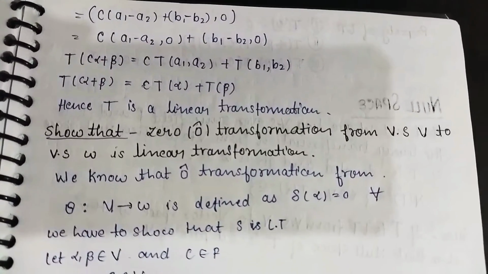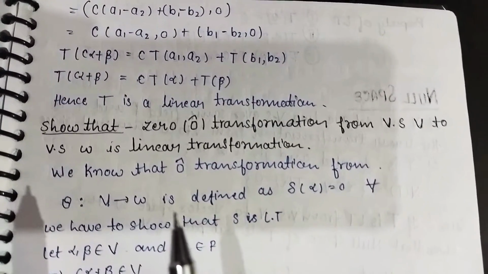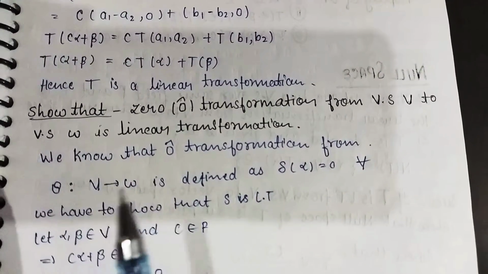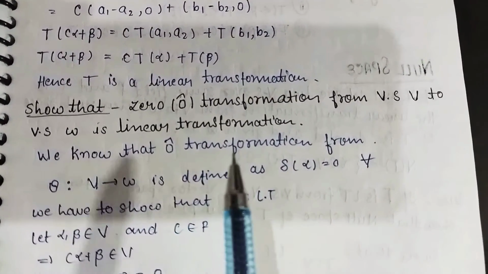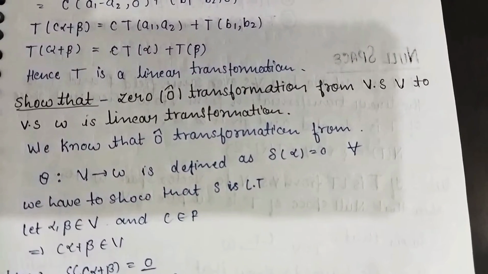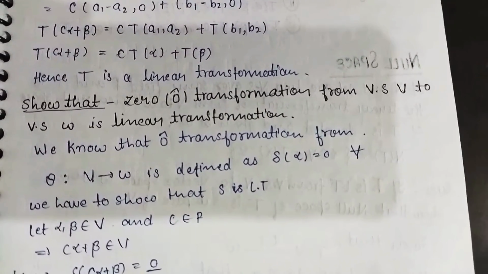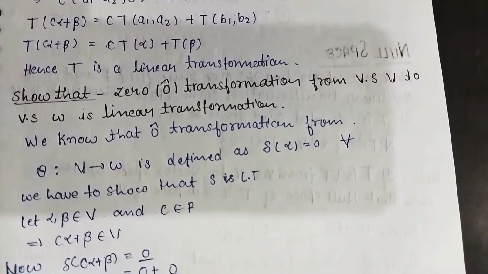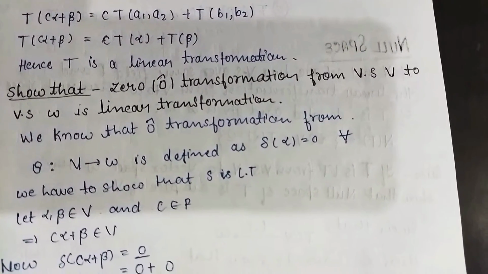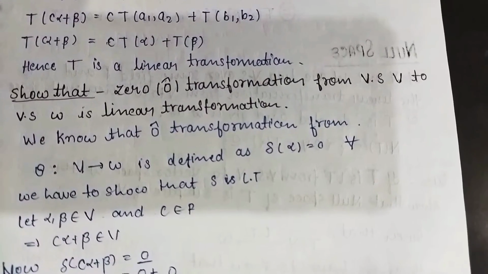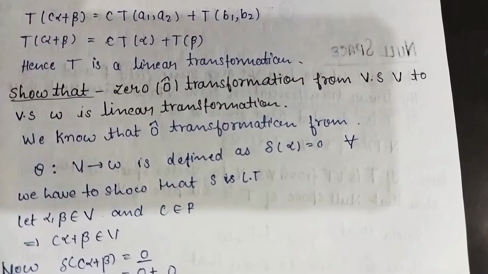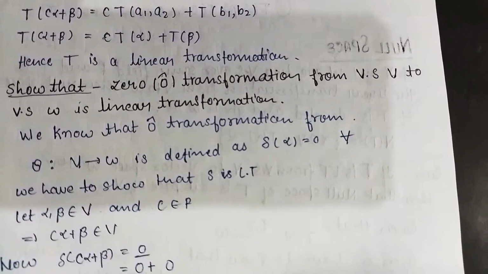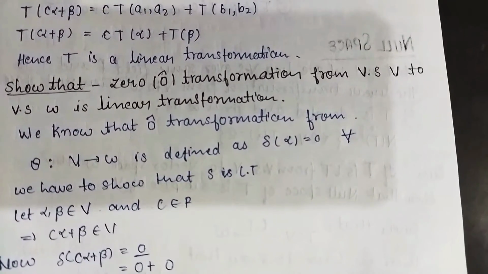Next step, (ca1 − ca2 + b1 − b2, 0) = (c(a1 − a2), 0) + (b1 − b2, 0). So T(cα + β) = cT(a1, a2) + T(b1, b2). T(cα + β) = cT(α) + T(β). Hence T is a linear transformation.